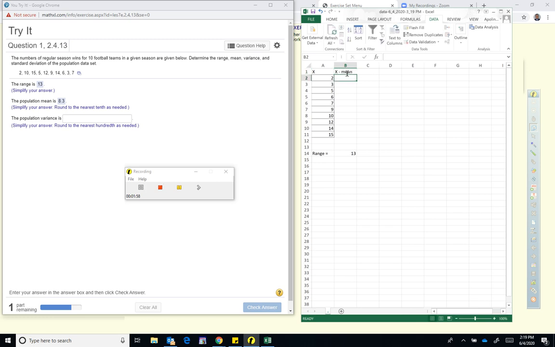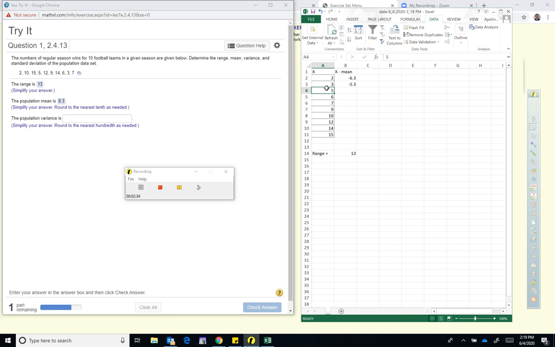So this is going to be this value, the 2 minus the mean. Recall that the mean is 8.3. So it's this minus 8.3. And then the next one is equals to this value given minus the mean, which is 8.3. Enter.